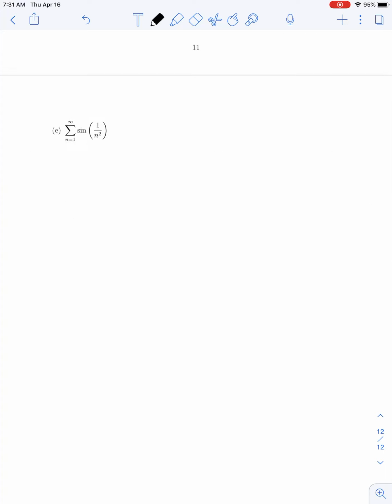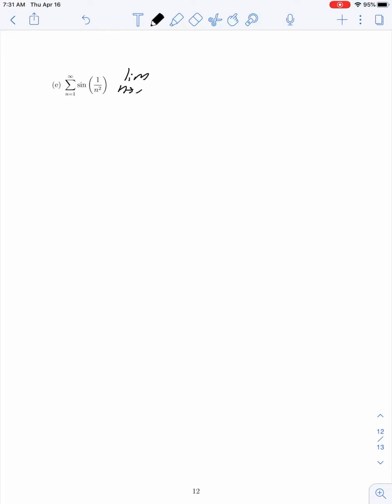So in our last example, we have the sum from 1 to infinity of sine of 1 over n squared. Here, it doesn't initially appear that we might want to use a comparison test. So let's think about some of the other tests which we've considered. A lot of times the first thing that we want to try is the test for divergence.